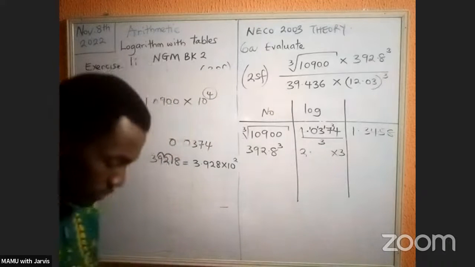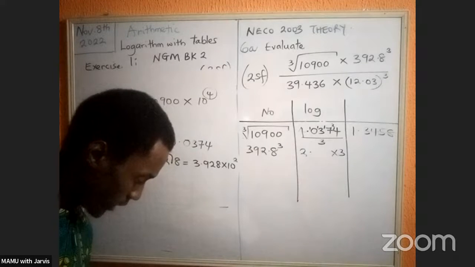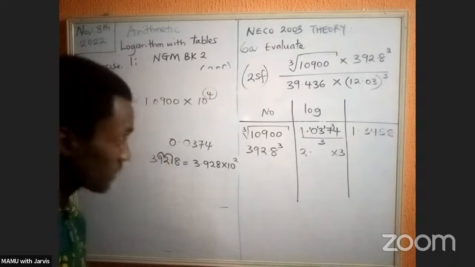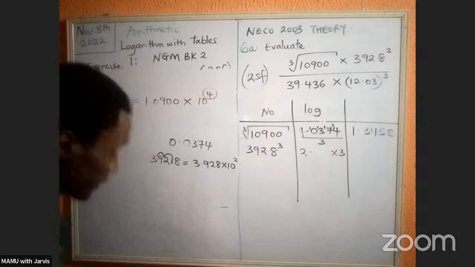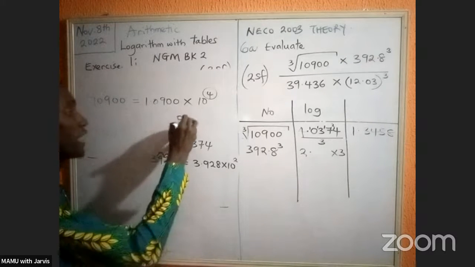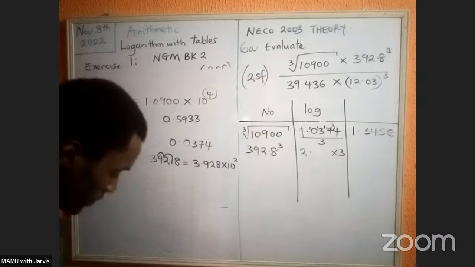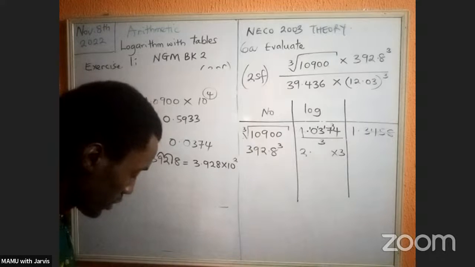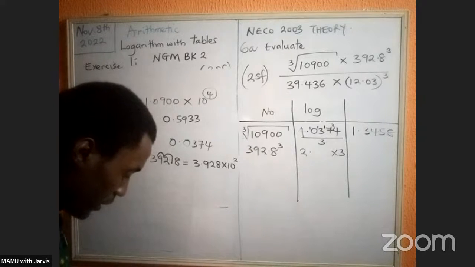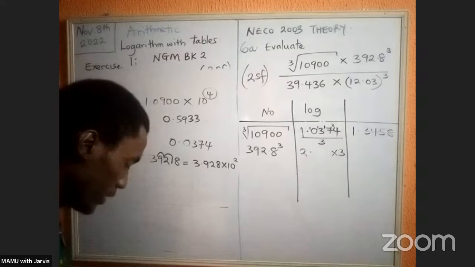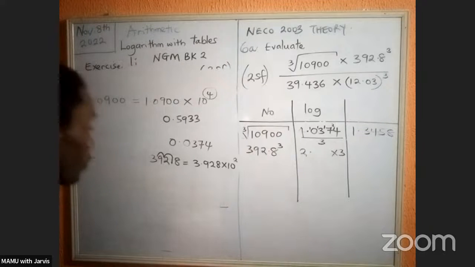I come to my logarithm table. I'm going to check 39. 39 under 2 will give me 5933, obviously 0 point. Then 39 under 2, difference 8 will be 9.